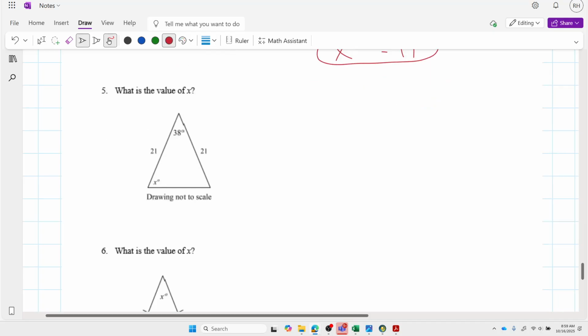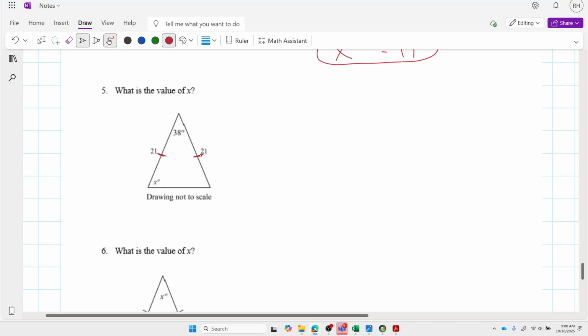In problem number 5, what is the value of x again? All right, in problem number 5, this triangle is what's called an isosceles triangle. Two of its sides are the same length. All right, so those two sides are 21 units long.